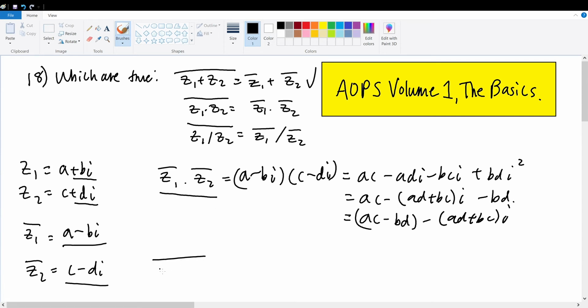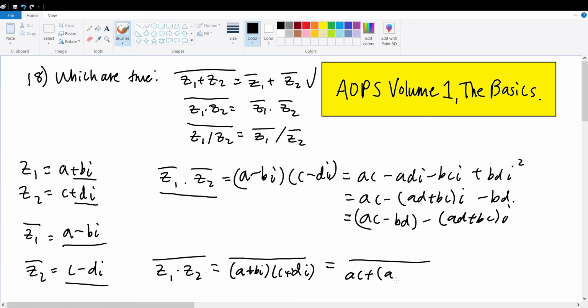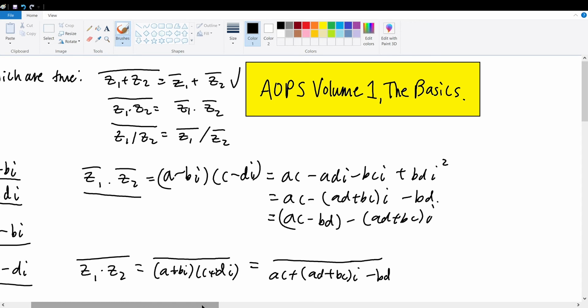So what about them together, the conjugate of z1 times z2? Well, we can apply the definitions to get a plus bi times c plus di, conjugated. We can expand it to get the conjugate of ac plus parentheses ad plus bc times i minus bd. And what we can now do is group the real and imaginary numbers together, so we can take the conjugate of it.